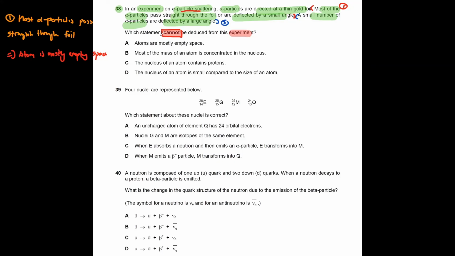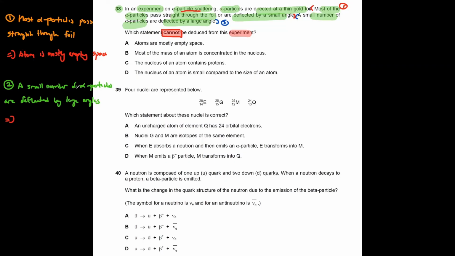And then the second observation that you would have seen is that a small minority or a small number of alpha particles are deflected by large angles, more than 90 degrees. So there are two conclusions that you can actually get from that.